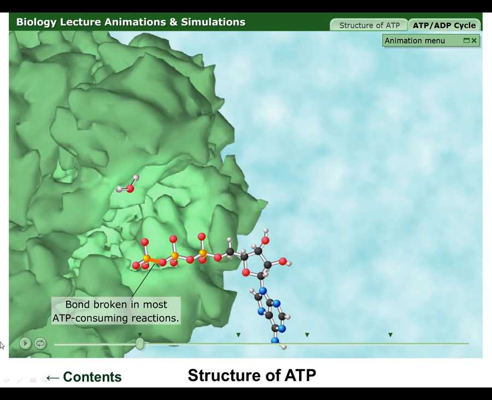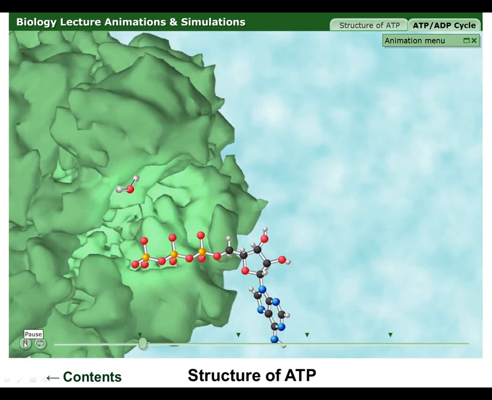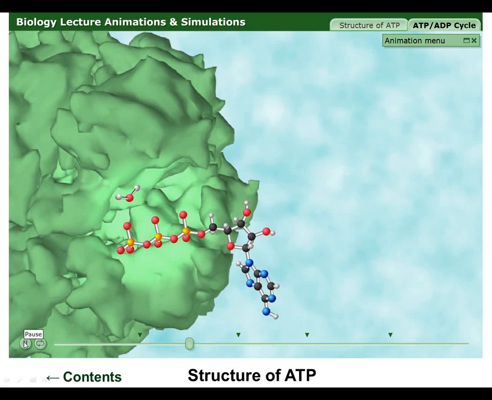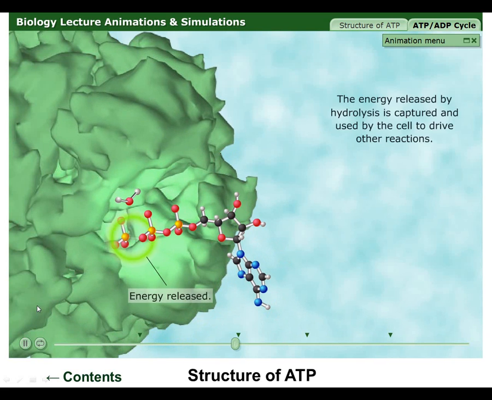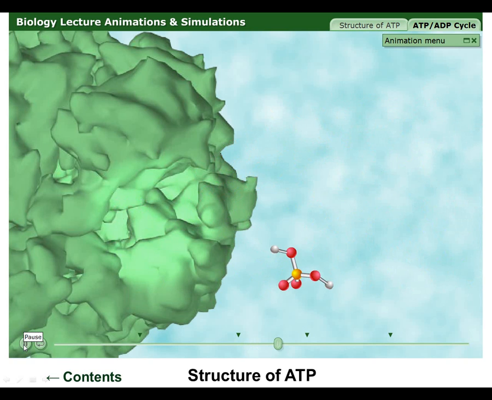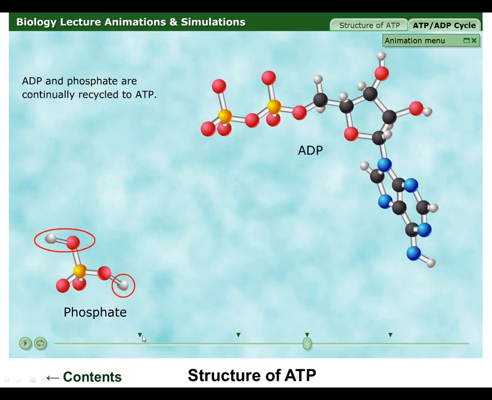Notice it's the phosphate at the end that's going to be cleaved. It's the one that's most repulsed, and so it's highlighted in this case in the orange. Energy released is shown as a little yellow flash in this image. Oh, okay, that was super fast. All right, I'm going to back this up.